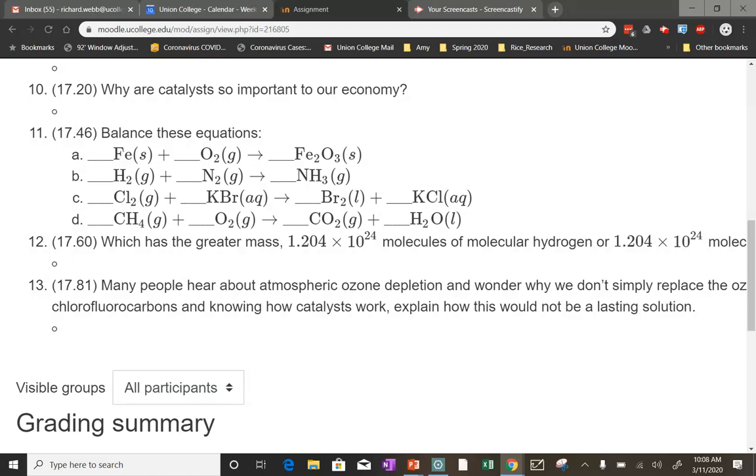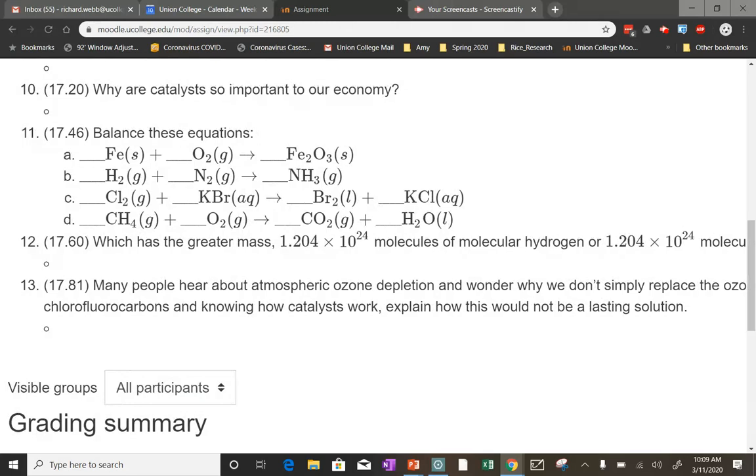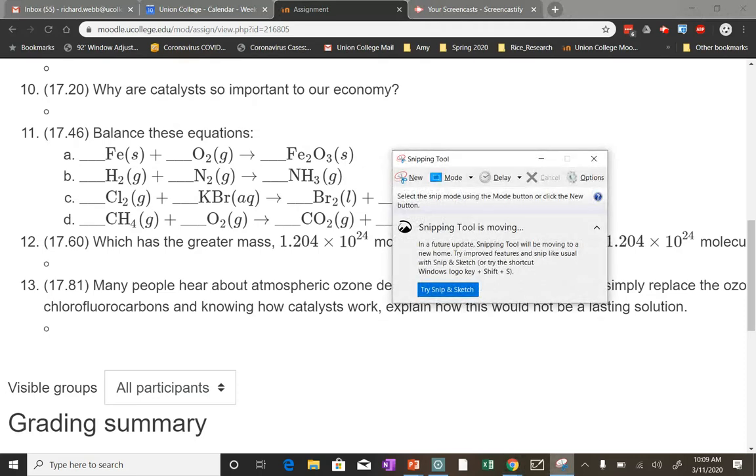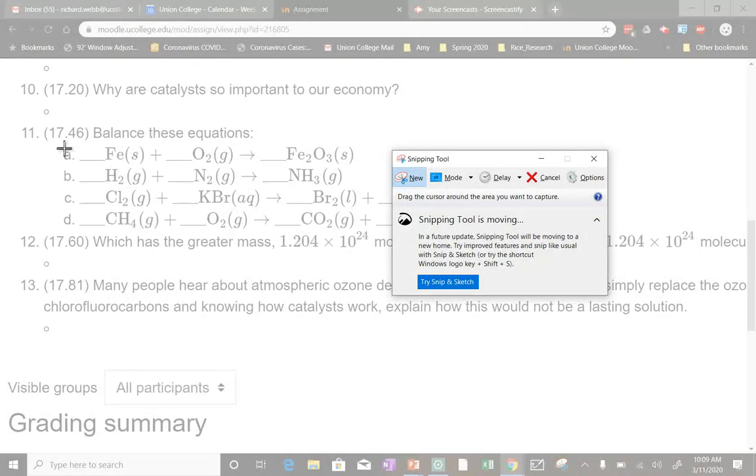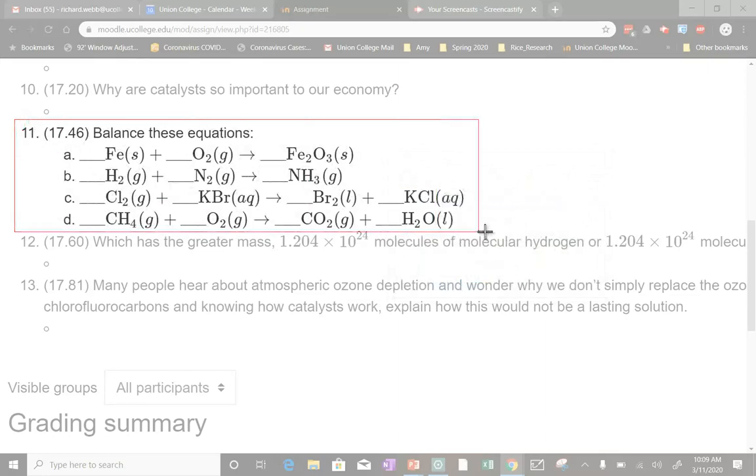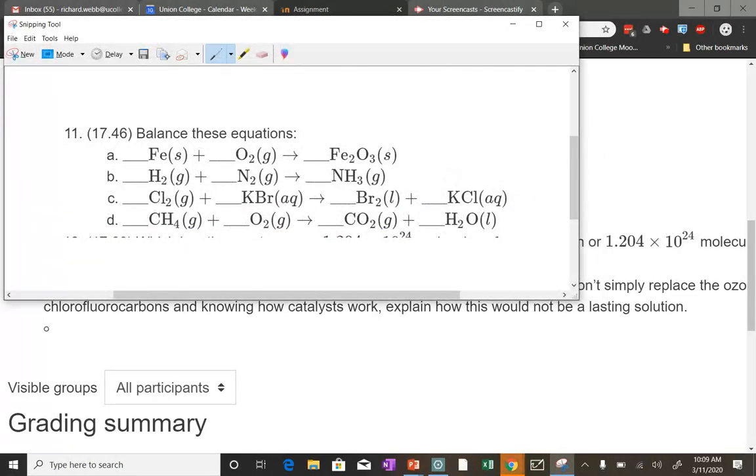When we balance the equations, what is the key thing we're trying to do? Keep the numbers the same. First, oh boy, now it's not giving me my tools to write. Well, in that case, I'm going to just copy this and go to this app.